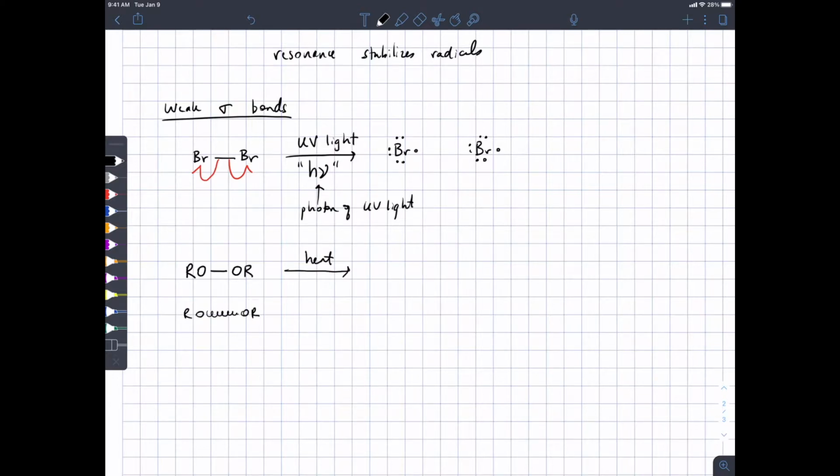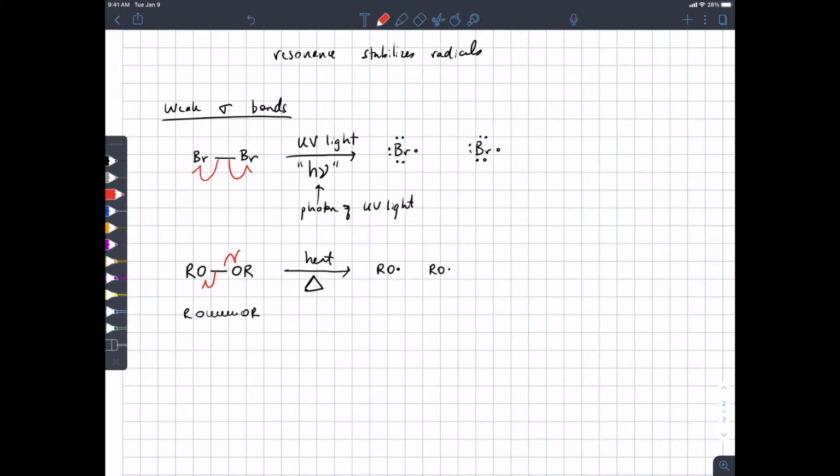Chemists, again, typically don't like to use the word heat. Instead, they will use the Greek symbol delta to indicate heat. And we'll follow that convention as well. Heat can take the peroxide and break the oxygen-oxygen sigma bond and cause one electron from that bond to go with either oxygen.